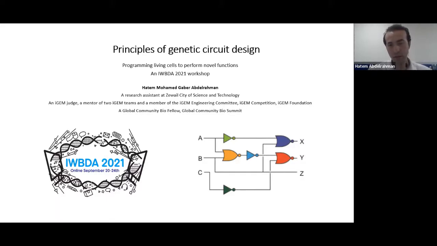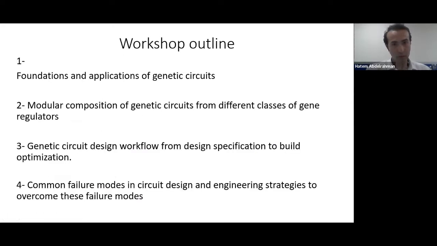Today I will present to you a workshop on the principles of genetic circuit design. So let's start. The outline for the workshop covers the foundation and the application of genetic circuits, and also modular composition of genetic circuits from different classes of gene regulators.